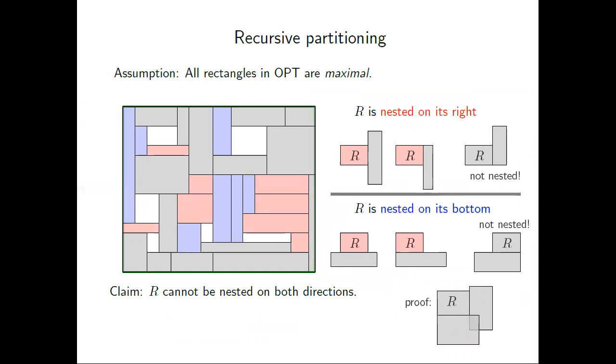The difference between these two definitions is that now this guy is nested on the right if it's either contained in the inside of another edge, or maybe the inside plus the top left corner, but not if it's at the same level down.